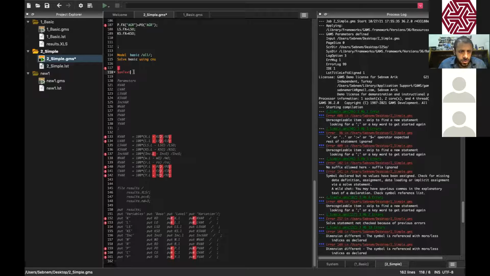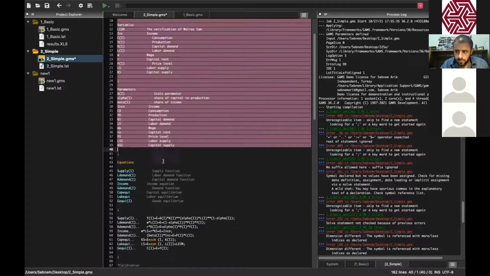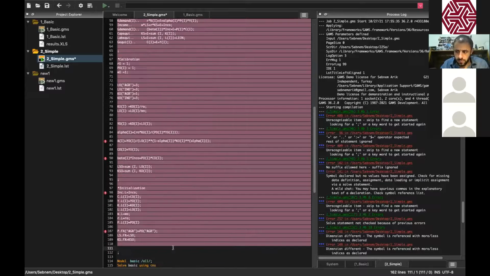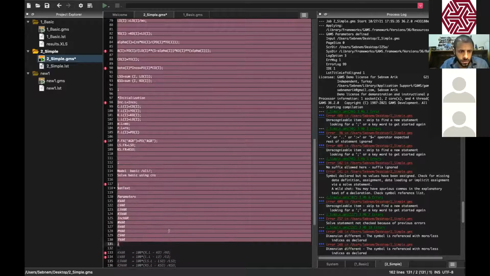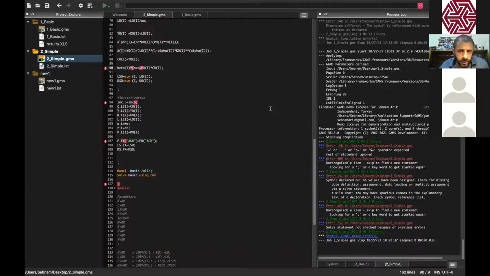Exactly. Dollar of text now. Exactly. Run the code. No need to select. You can run it automatically.